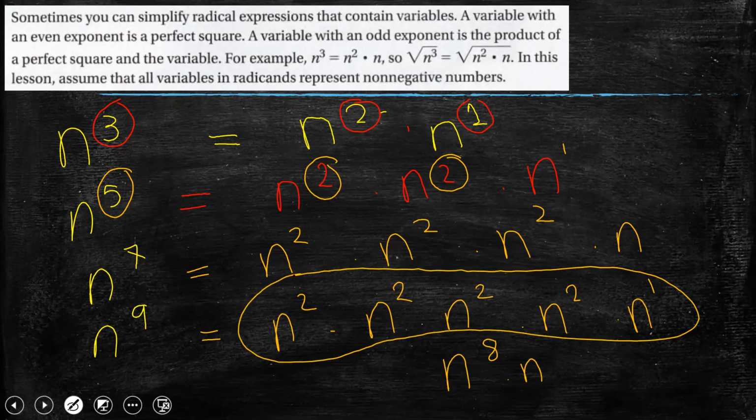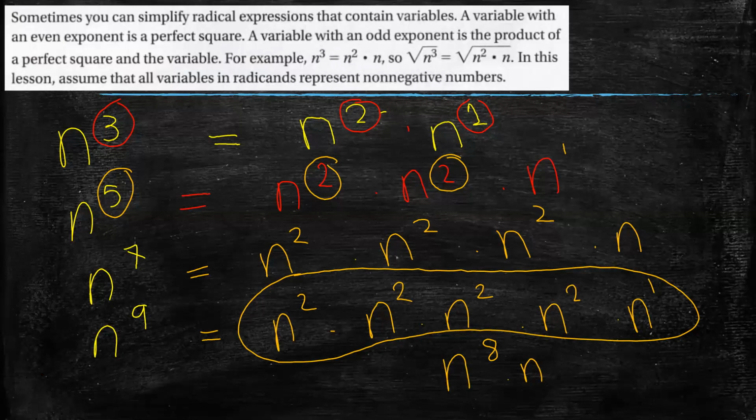Is it clear? How can we represent a variable with an odd exponent? Okay. So by now we know how to represent an odd exponent and how to represent a not perfect square number.